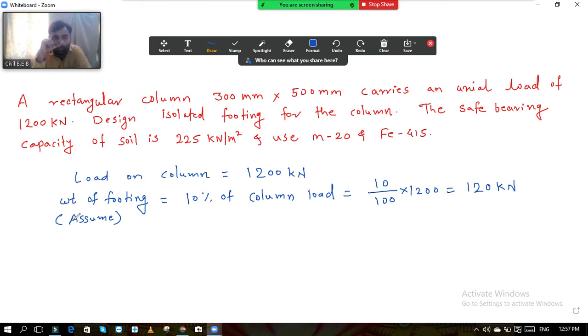Now calculate the total load. To calculate total load, it is 1200 plus 120.